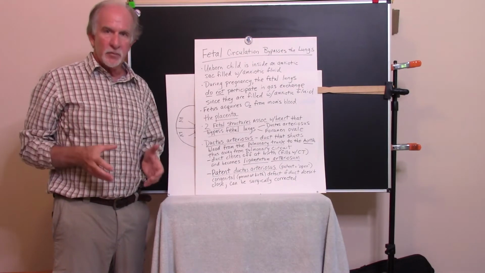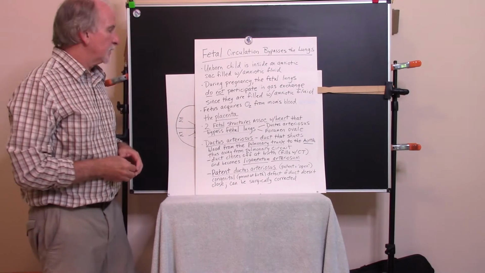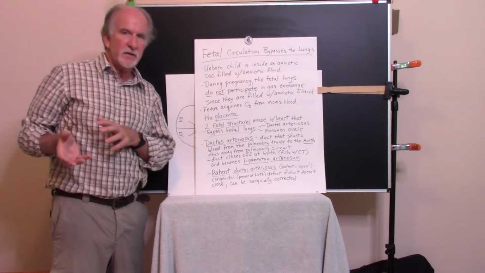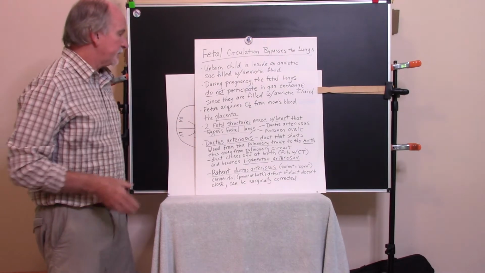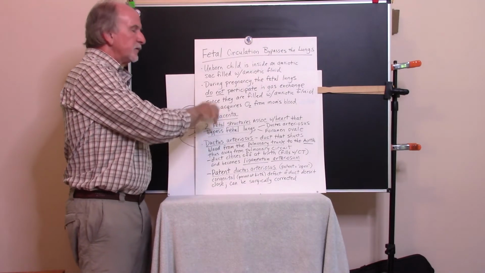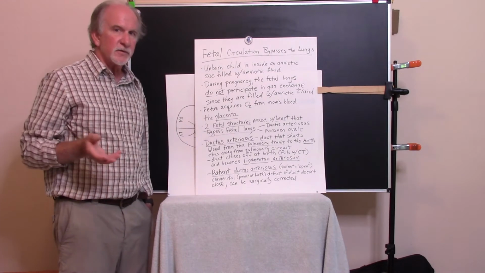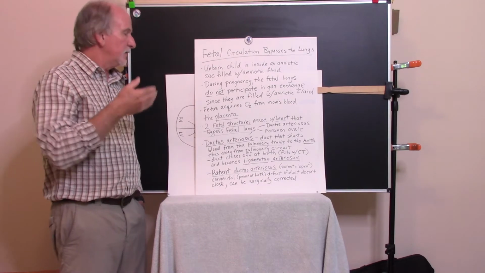So a fetus breathes by way of its umbilical cord to the placenta, and the placenta is the structure by which the fetus gains oxygen and gets rid of its carbon dioxide. So there are two fetal structures associated with the heart that help the fetal circulation bypass the pulmonary circuit.